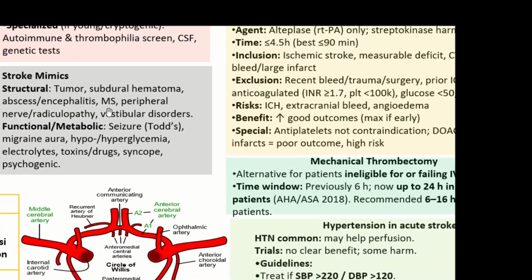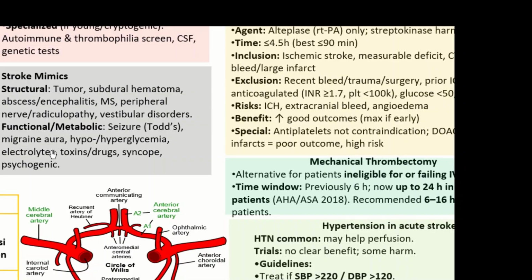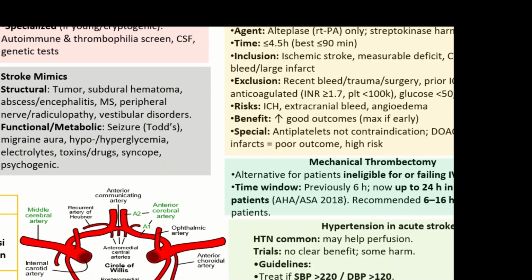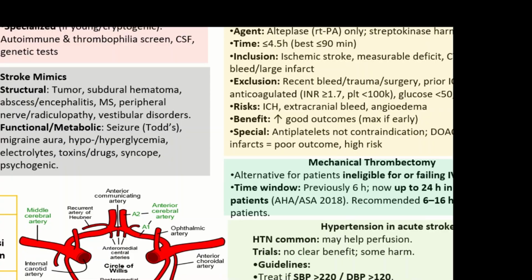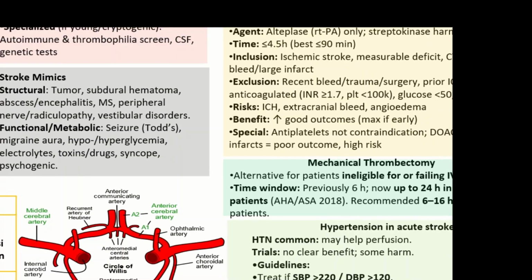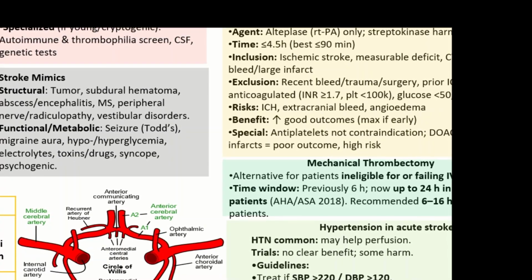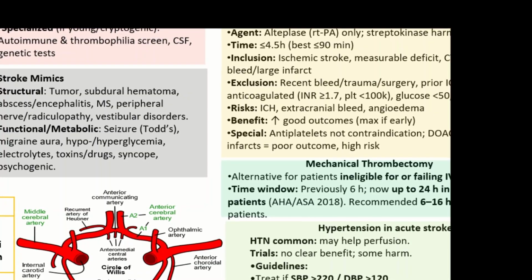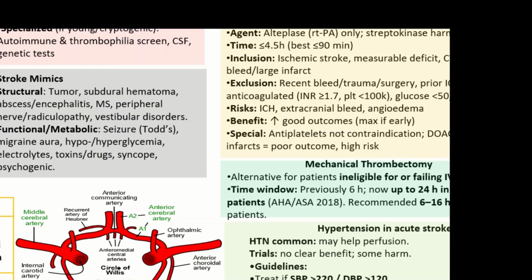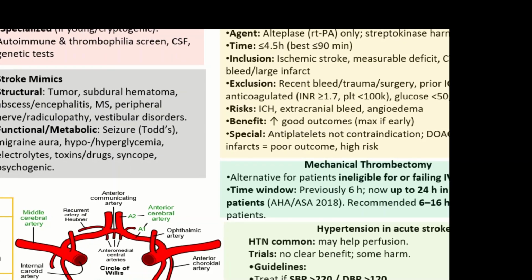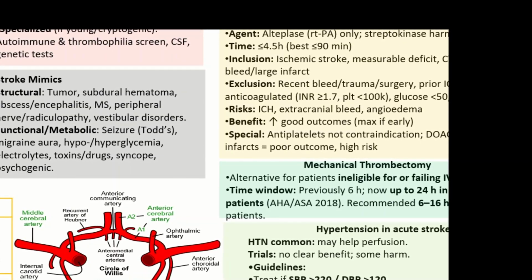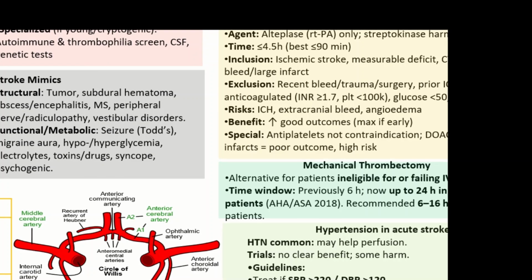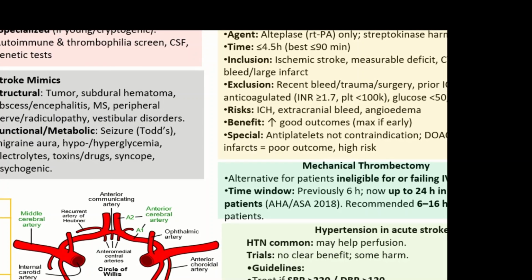So we have the stroke mimics, and these can be categorized into structural and functional. Structural ones can be tumors, subdural hematoma, an abscess, encephalitis, multiple sclerosis, peripheral nerve disorders or radiculopathies, and vestibular disorders. These all can mimic stroke. Then the functional ones include seizure, where we have Todd's paralysis, in the post-ictal state after someone has seized.